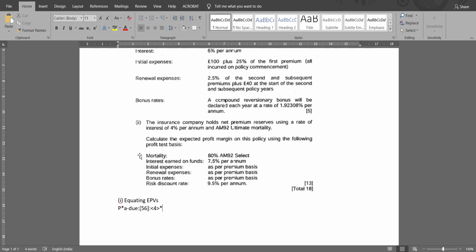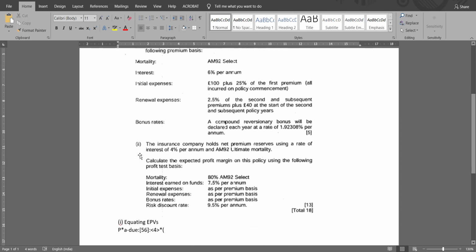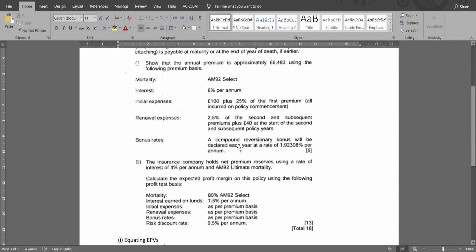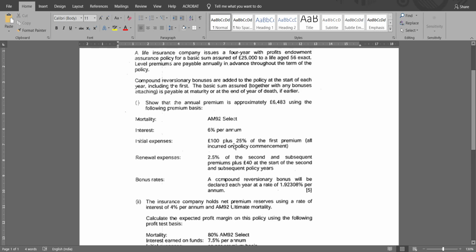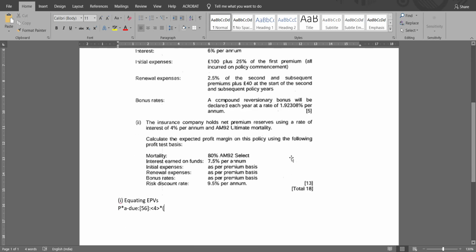But you have to also account for the expense factor. So what is your expense? You have an expense of 2.5% of the second and subsequent premiums. So I will take the 2.5% directly, and I'll take the extra initial expense separately. So I will take 0.0975.